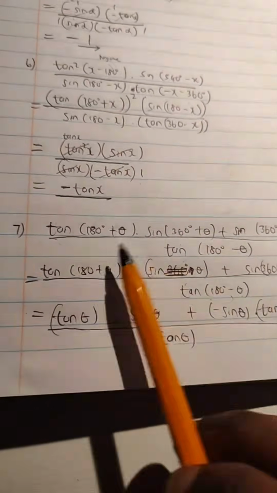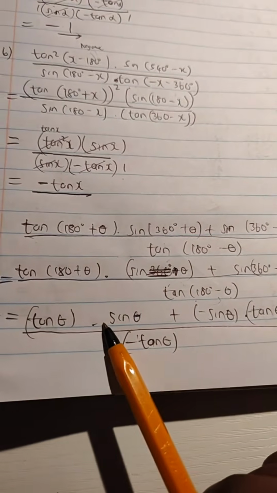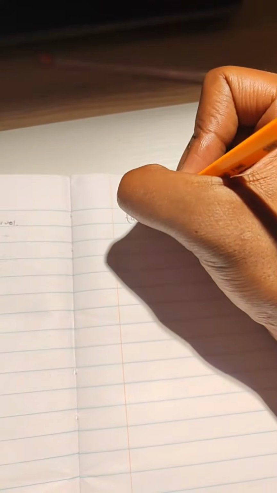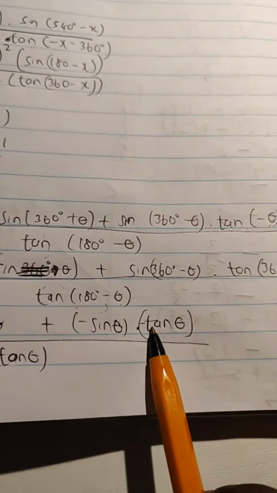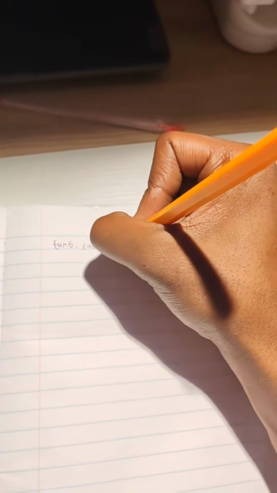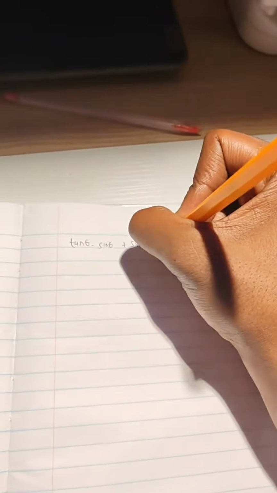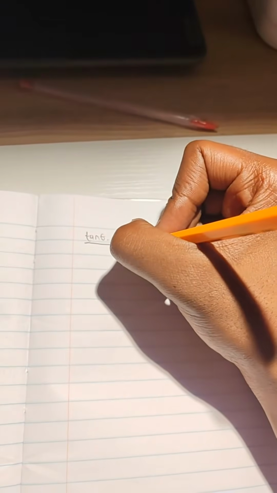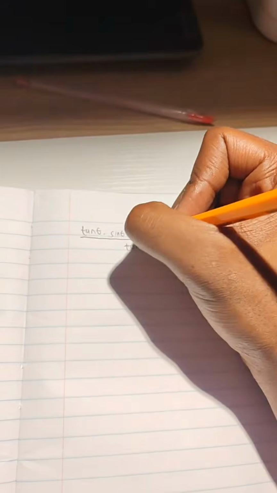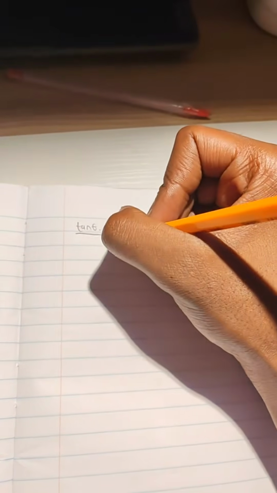No joke. Okay, so now let's do tan times sine theta. That's basically tan theta sine theta. Okay, and then negative times the negative, that's positive. So that's sine theta tan theta as well. So it's plus sine theta tan theta over negative tan theta.